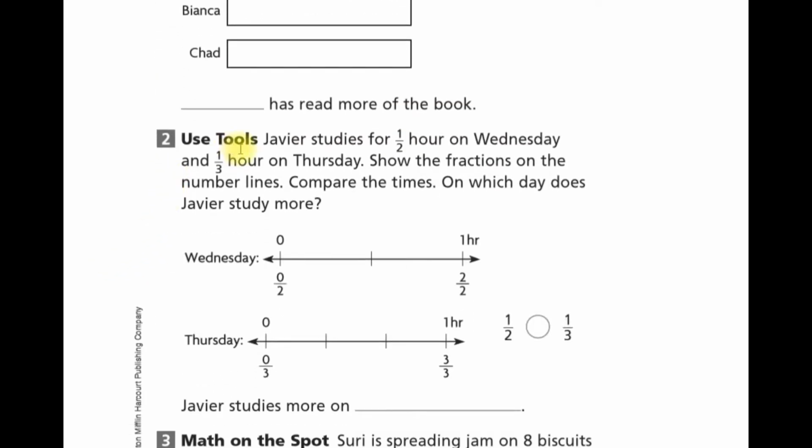Use tools. Javier studies for 1/2 hour on Wednesday and 1/3 hour on Thursday. Show the fractions on the number lines. Compare the times. On which day does Javier study more? Wednesday, Thursday. Javier studies more on blank.